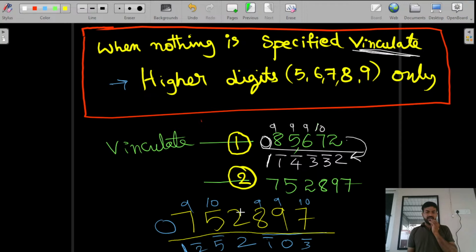When you find a lower digit or digits between higher digits in a number, you have to stop the vinculation process at the lower digits, because the vinculation process is meant for converting higher digits into lower digits. But 2 is already a lower digit. For example, 0, 1, 2, 3, 4, all these are lower digits. You need not apply the vinculation process. So you have to apply only on higher digits when nothing is specified. I told you, when nothing is specified, vinculate higher digits only. Here we find 5 higher digits and 1 lower digit.